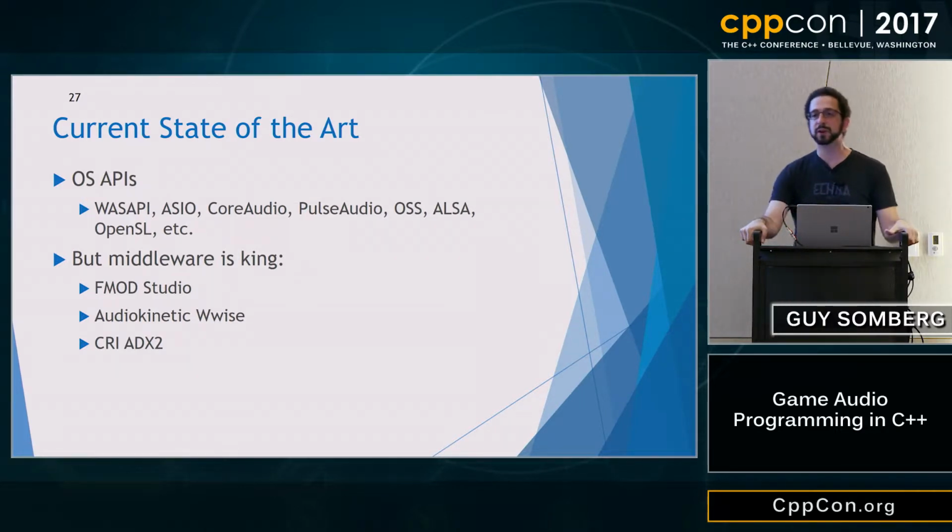And the nice thing about these middlewares is not just that they're providing a wrapper for the different operating systems and their low-level API. It's not just that they're providing file I/O and sample decompression and streaming and all these other wonderful things, because they do provide those things. The nice thing about these middlewares is they're actually providing tools to the sound designers to allow them to express themselves in extraordinarily powerful ways.